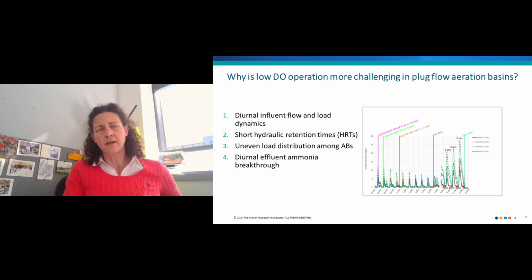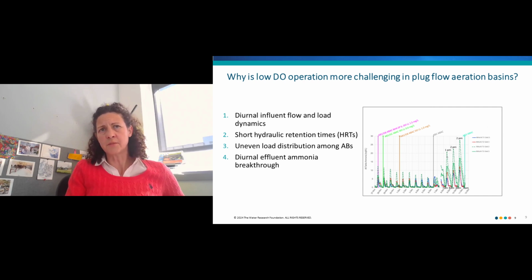One reason is that the diurnal influent flows and loads are much more pronounced, as we are operating basins with shorter HRT. Oxidation ditches you could operate at 24 hours retention time with very long SRTs. That's not a luxury we have in flow-through aeration basins.